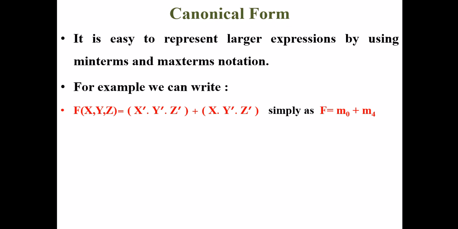For example, we can write this expression, x plus x complement plus y, x complement dot y complement dot z complement plus x dot y complement z complement, in the form of minterms as m0 plus m4, that is sum of products.